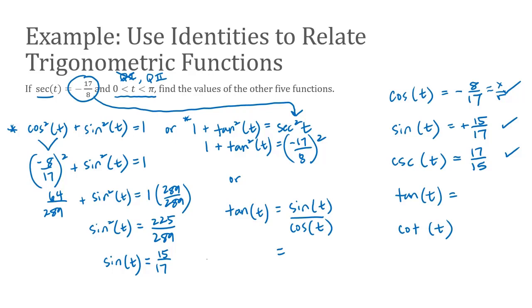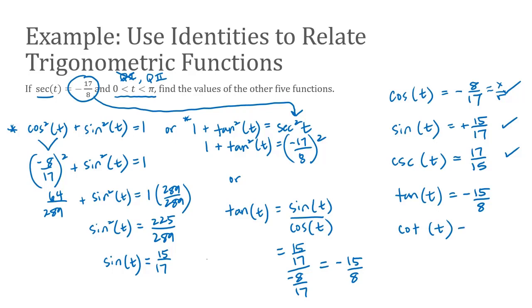So let's see, my sine is 15 over 17, and I'm going to divide that by -8 over 17. And so instead of dividing by -8 over 17, I multiply by -17 over 8, the 17's cancel, and I'm left with -15 over 8 as my tangent.